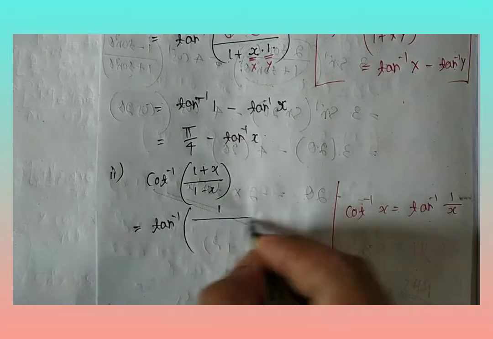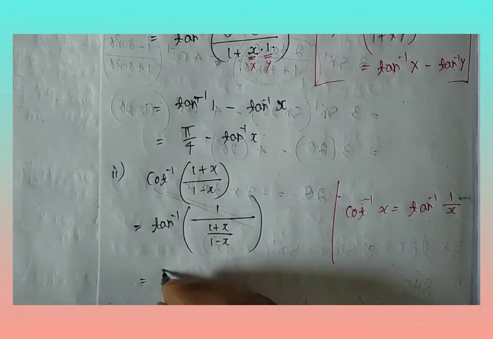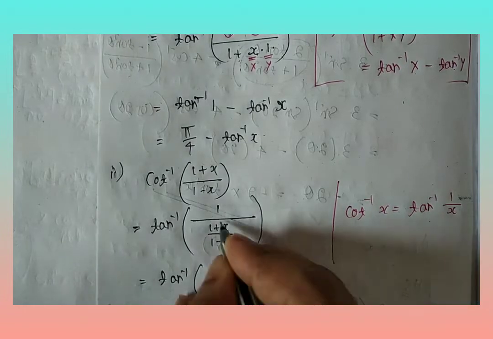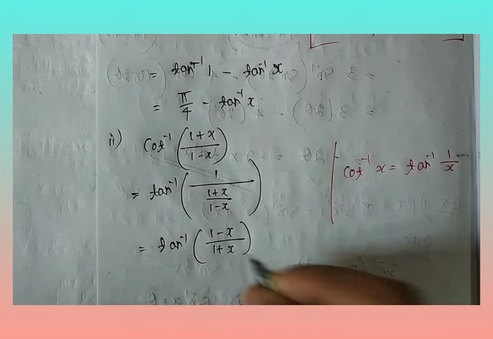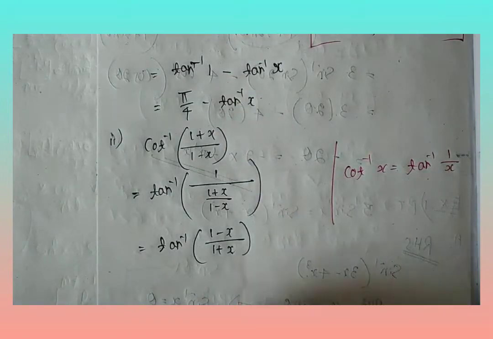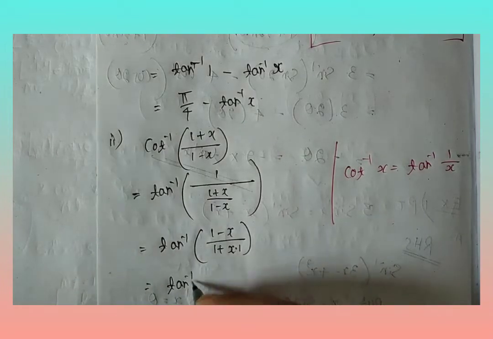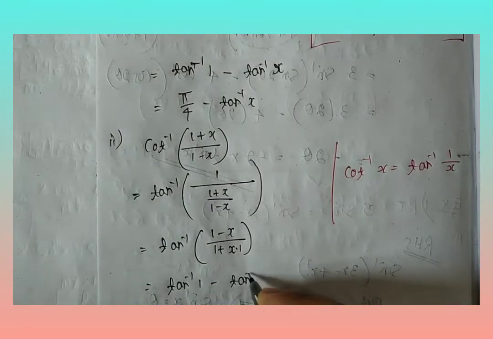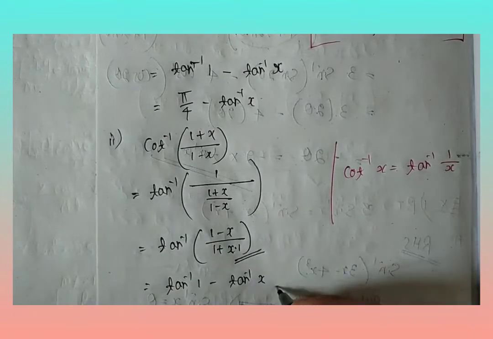Reciprocal of this term: 1 divided by (1 plus x) by (1 minus x). Tan inverse. After simplification, we will get a result equal to type 1. You can simply multiply 1 here, then separate. This is a trick for tan inverse type questions.